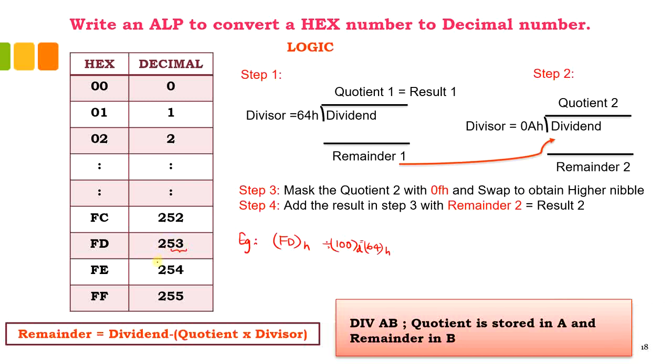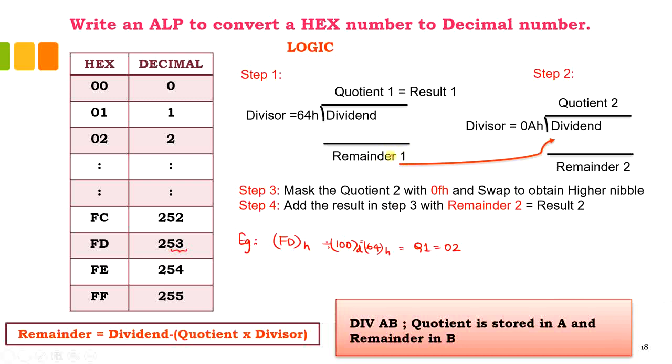So what we are doing is, on performing the division by 64H, you get the quotient 1, which will be the highest digit of your result. So that has to be stored. In this case, your quotient 1 will give you 02, which has to be stored in one of the memory locations. Then you will be obtaining the remainder, that is remainder 1, obtained by the first division.